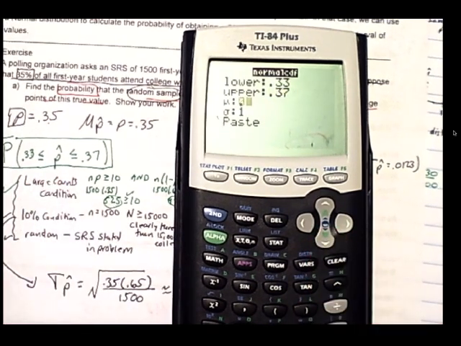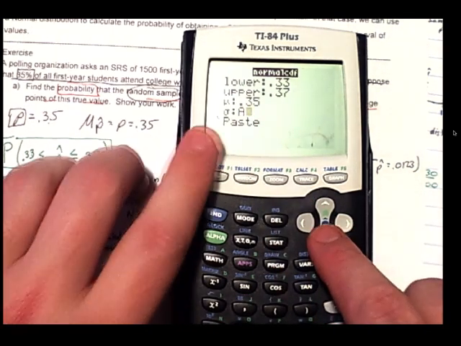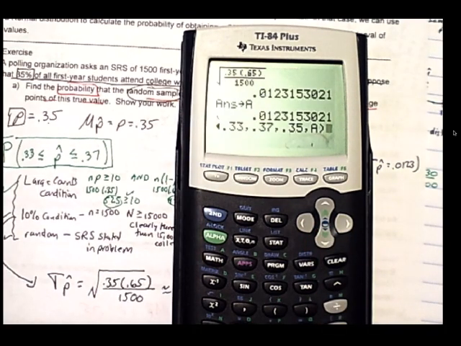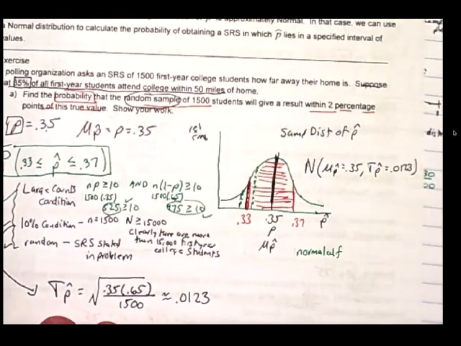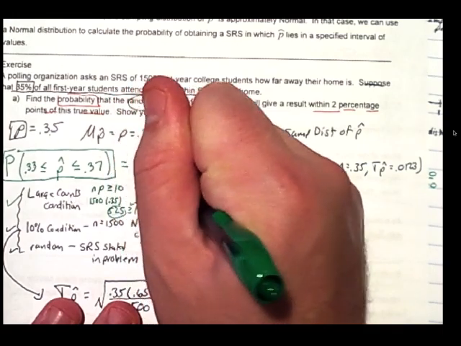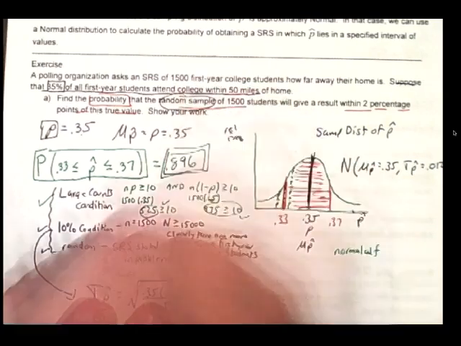The mean of this distribution is 0.35. And the standard deviation is that value that I stored in for alpha. By storing it, I don't have to worry about compound rounding. I hit paste and I hit enter. So this answer, which is what I'm really after, was 0.896. And doing all that work for one answer.